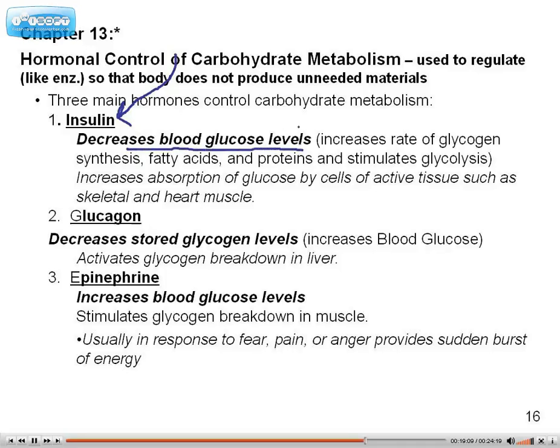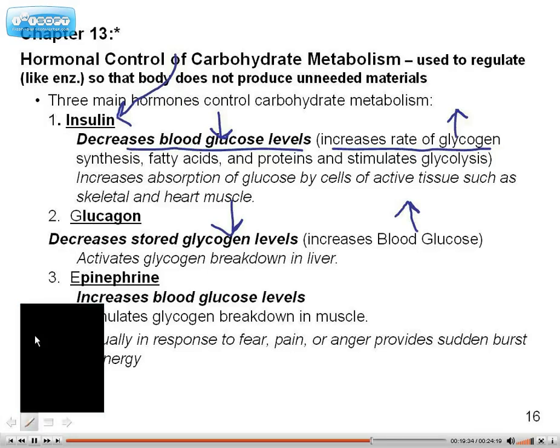Consequently, as it decreases blood glucose levels, it actually increases the rate of glycogen synthesis. So, as the blood glucose goes down, the glycogen goes up. Glucagon hormones do the opposite. So they decrease glycogen levels, but increase blood glucose.